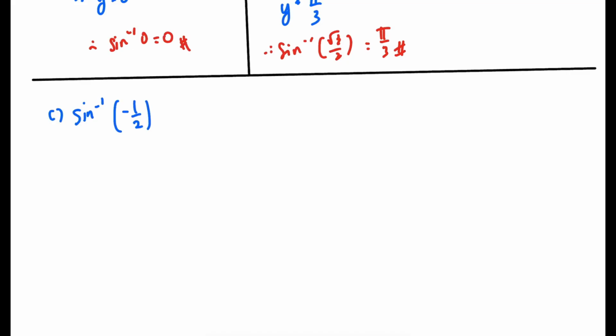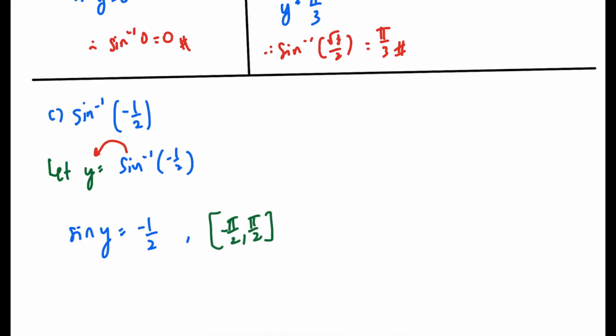Now let's see the next question. Inverse sine of -½. So again, let y be inverse sine of -½, and then let's write it as sine. Sine y is equal to -½. In order to check our answer, we must make sure the answer is within the domain.